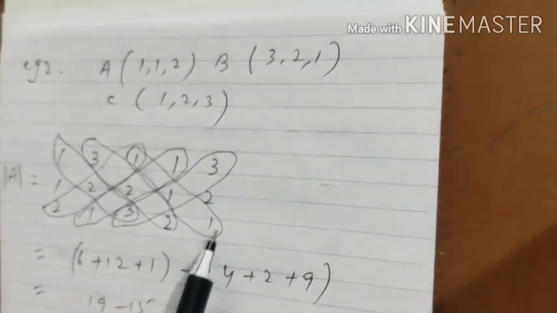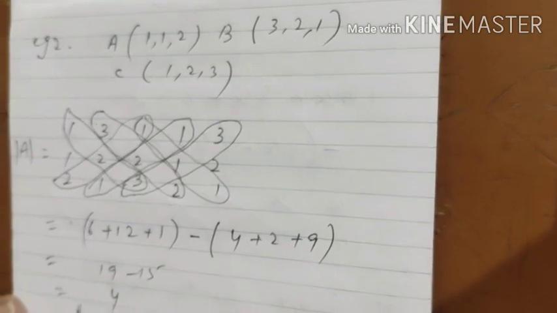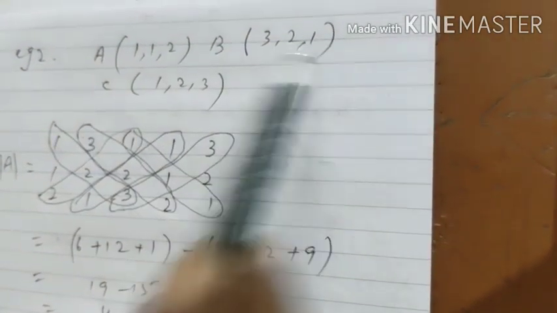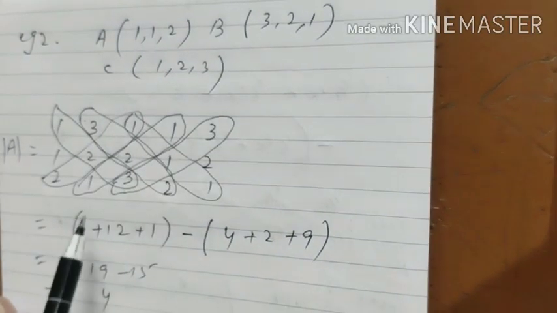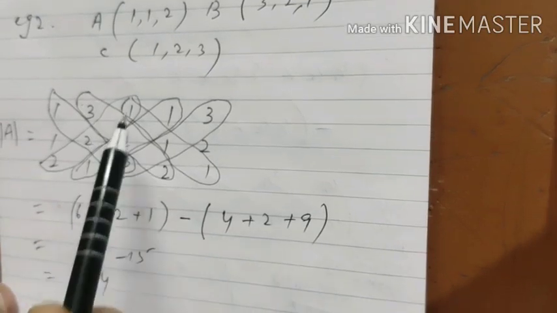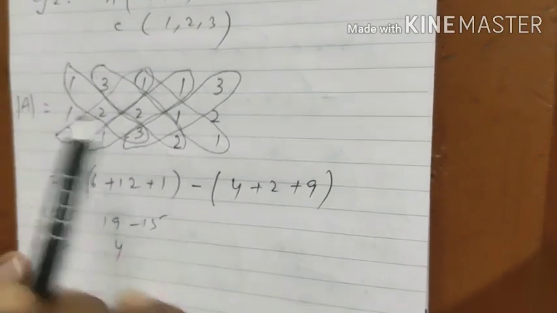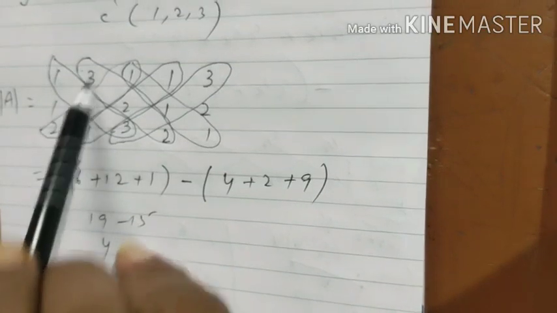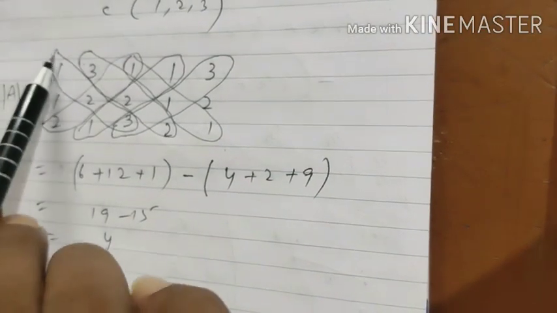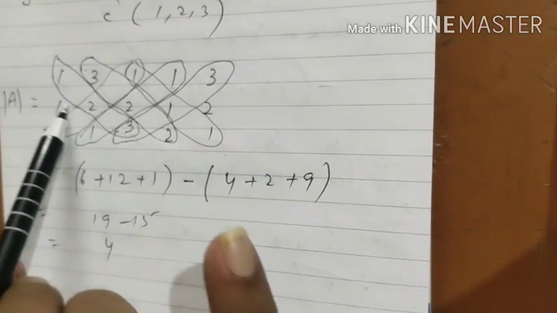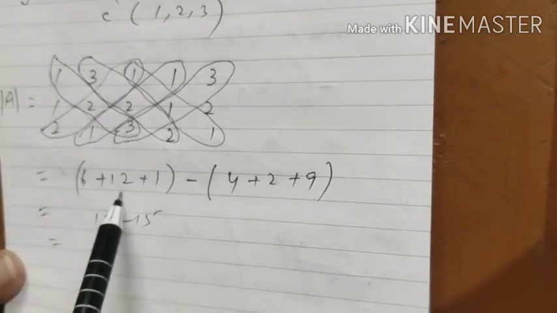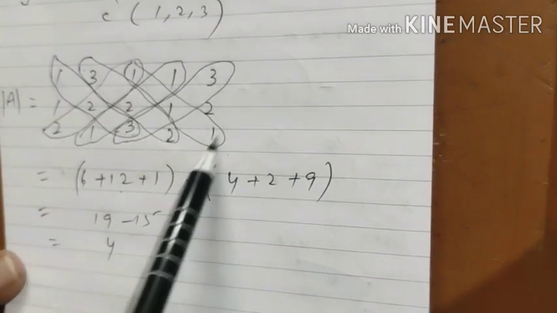In 3 dimensions, how can you find the determinant? Very simple. Suppose A is 1, 1, 2, B is 3, 2, 1, C is 1, 2, 3. Now just take 1, 1, 2, 3, 2, 1, 1, 2, 3, and again repeat 1, 1, 2, 3, 2, 1. First, find this way: 1, 2, 3, you multiply, the answer is 6. 3, 2, 2 is 12. 1, 1, 1 plus 1.